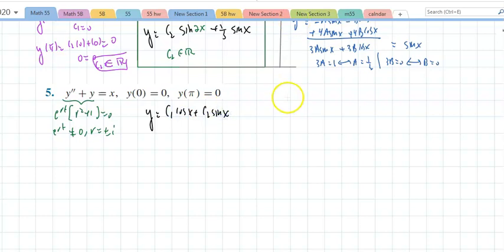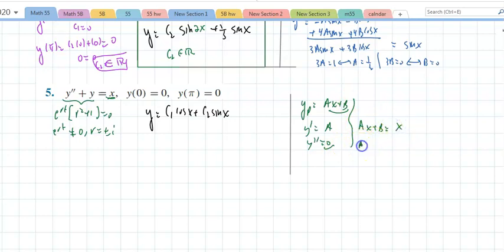Now, if I look at the particular equation, it has ax plus b. I need two derivatives. So two derivatives, which is 0 plus, that would give you ax plus b, and that equals x, which means a equals 1 and b equals 0.